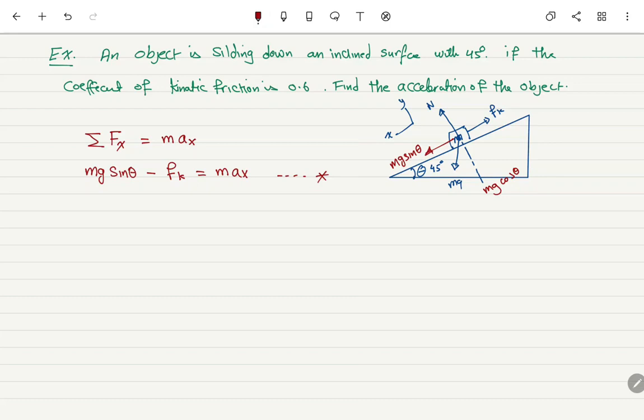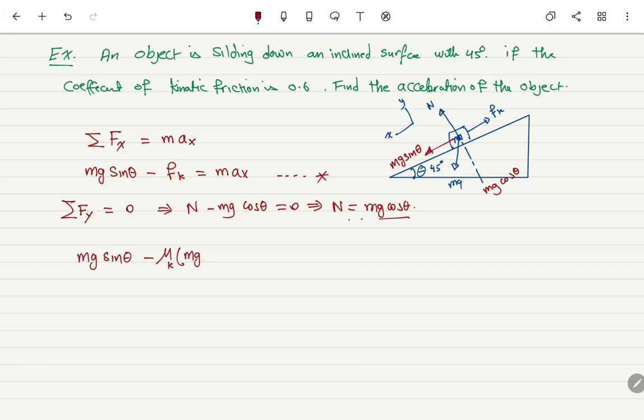And the second equation, we have sum of all forces on y equal to 0, or the normal minus mg cosine theta equal to 0. So the normal force equals mg cosine theta. You substitute this normal force back in the first equation, you will get mg sine theta minus Fk, it's actually mu k N, so mu k and N in this case is mg cosine theta, equal to max.